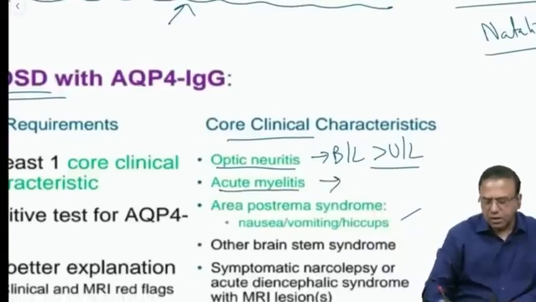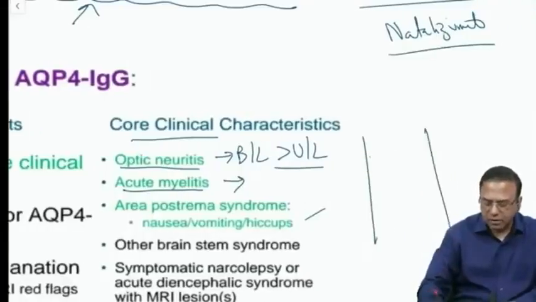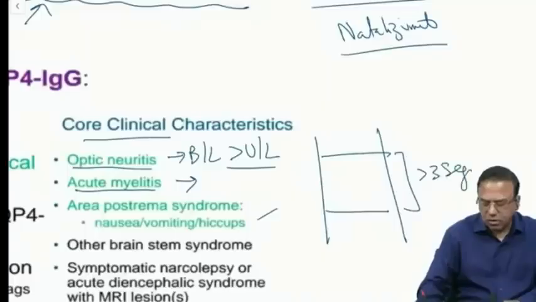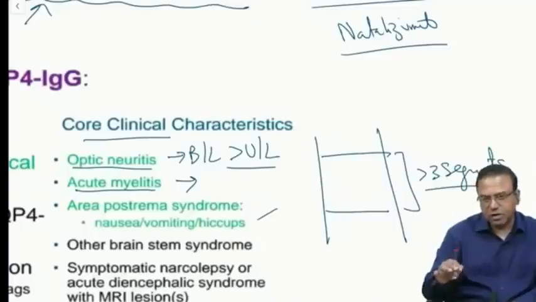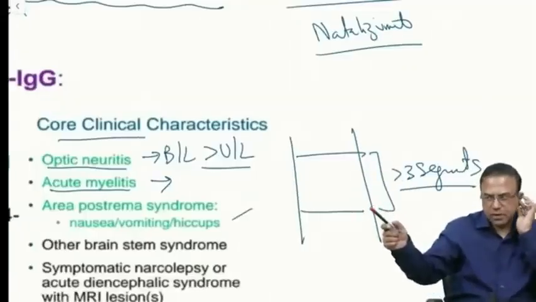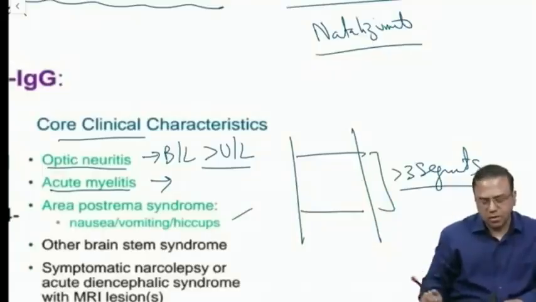When transverse myelitis occurs in this patient, it involves more than 3 segments, which will never happen in an MS patient. MS patient, small lesion. Vertically, more than 3 segments affected is suggestive of transverse myelitis, and this is going toward neuromyelitis optica.